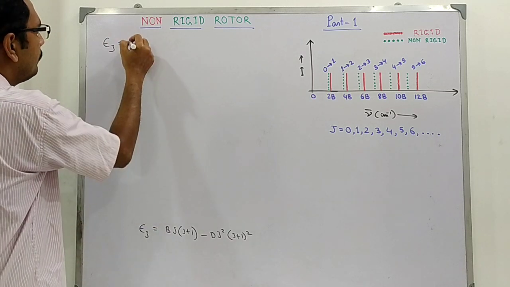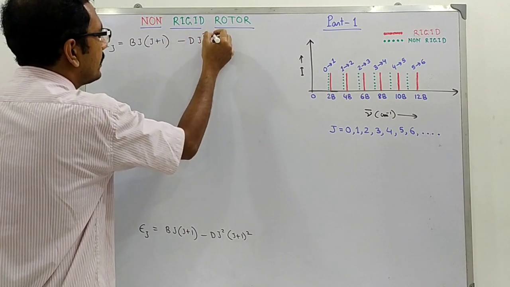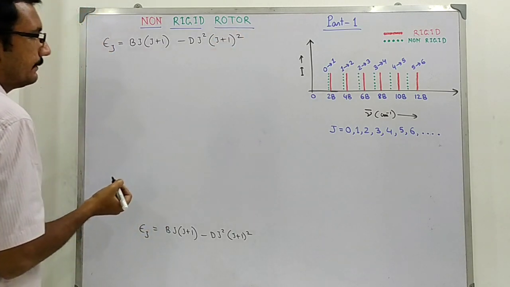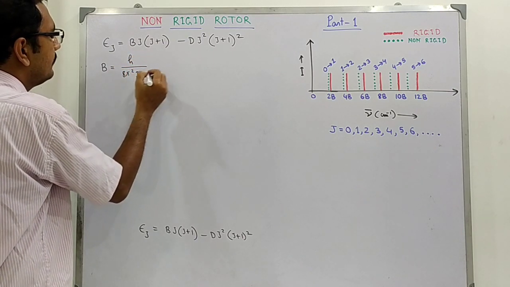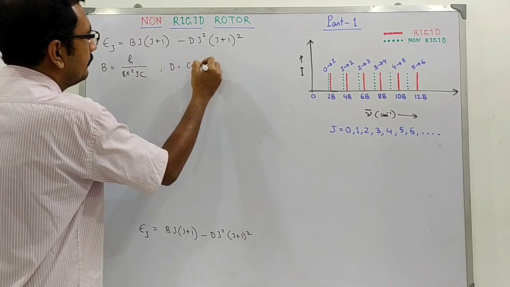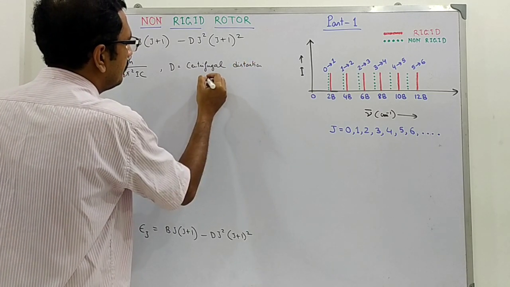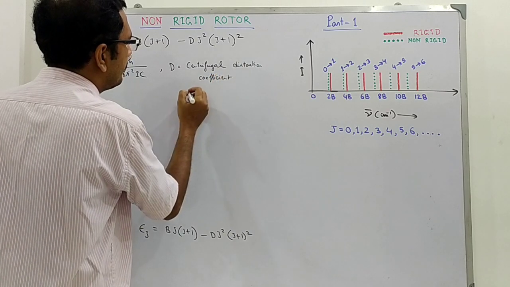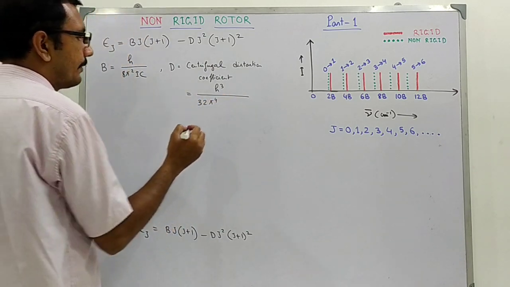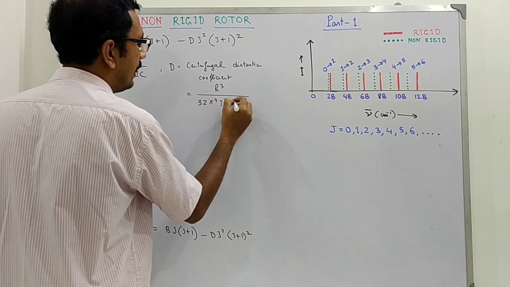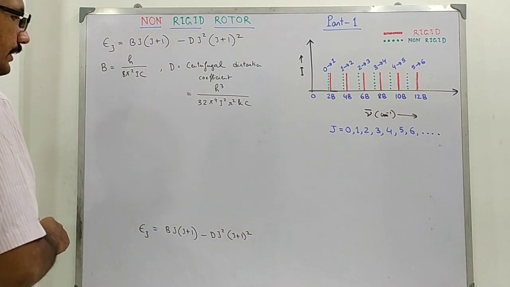We have epsilon j equals B into j plus 1 minus D into j square into j plus 1 whole square, where B is the rotational constant and its value is h upon 8 pi square I c, and D is the centrifugal distortion coefficient, and its value is h cube upon 32 pi to the power 4 I square r square k c. So, this is the value of the centrifugal distortion coefficient.